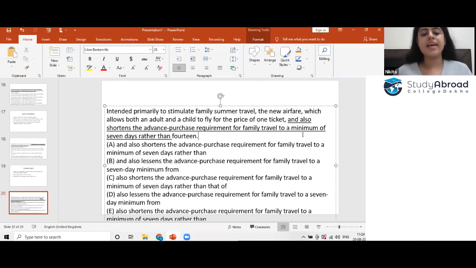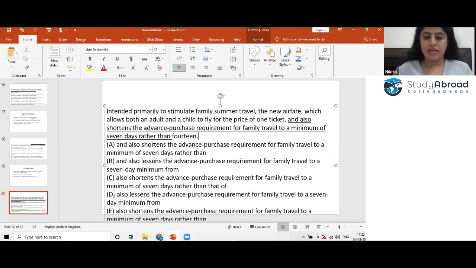Now let's see what differences C, D, and E are bringing in front of us. C says also shortens, D says also lessens, and E says also shortens. Now also lessens is wrong here, because we use the word lessen when we are talking about uncountable quantities. Shortening is countable and lessening is uncountable.